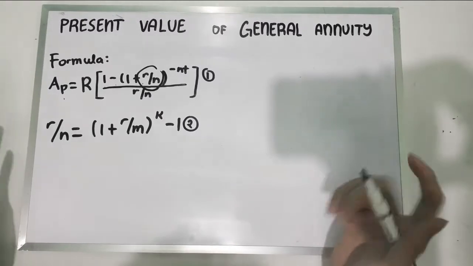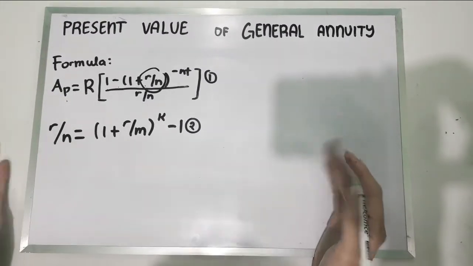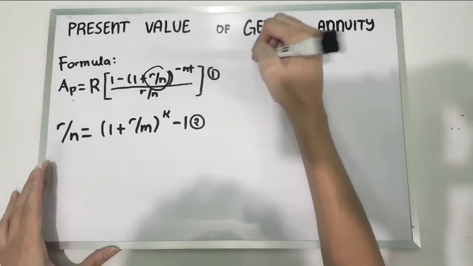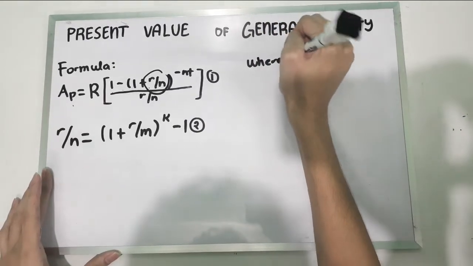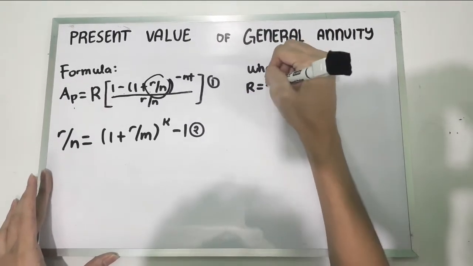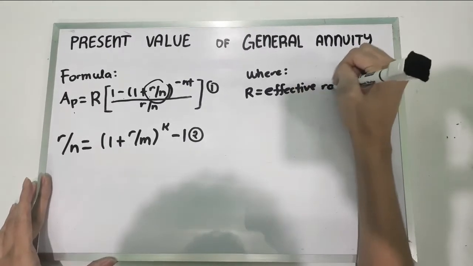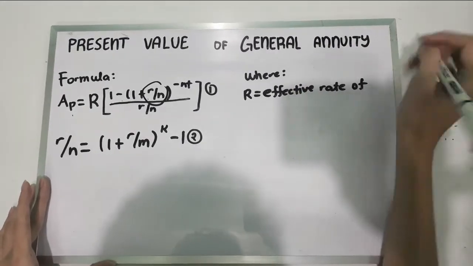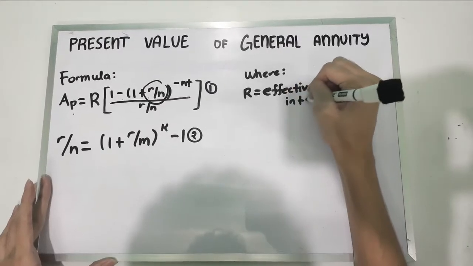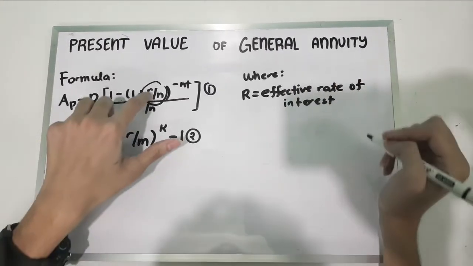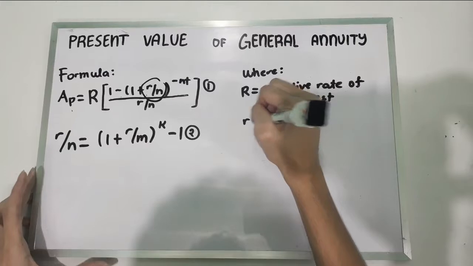Let us now determine what the meaning of each variable is. R is our effective rate of interest. This small r is our rate.